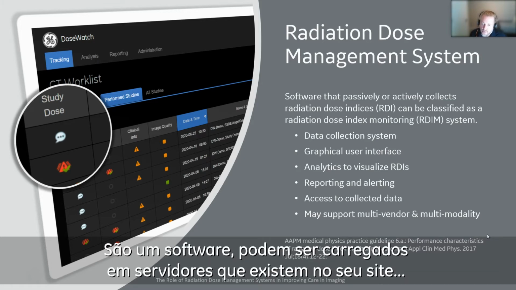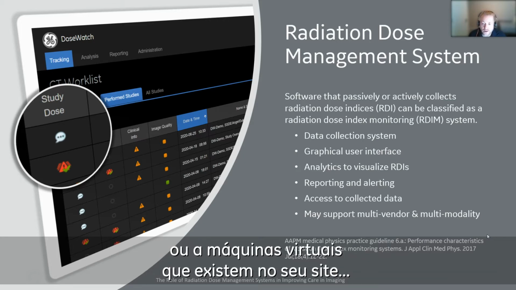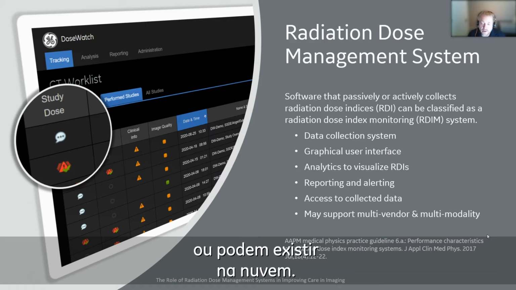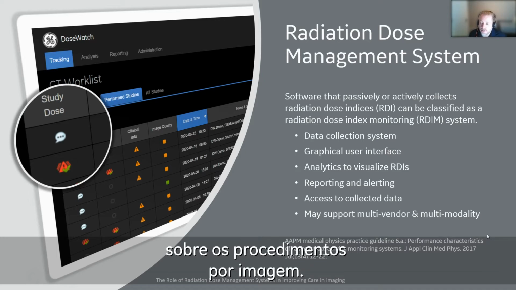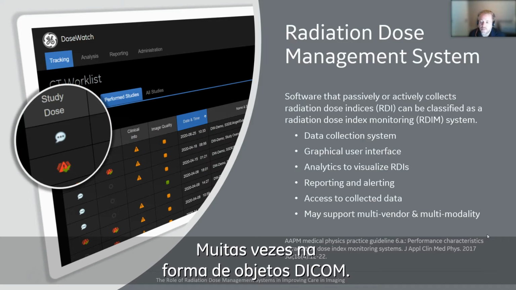Well, they are software. They may be loaded onto servers that exist at your site or onto virtual machines at your site, or they could exist in the cloud. But what they all do is collect information about imaging procedures, often in the form of DICOM objects.